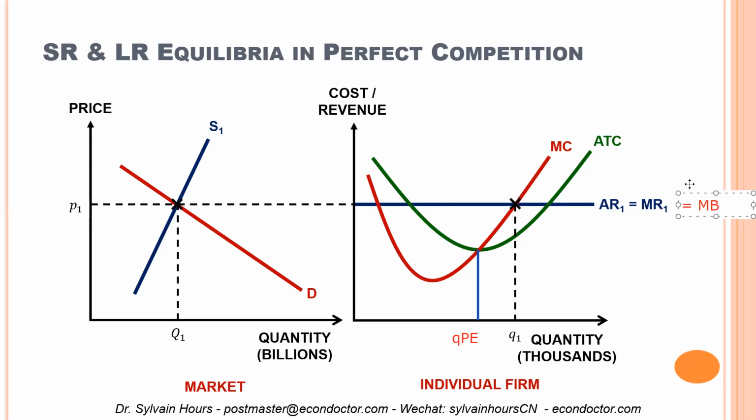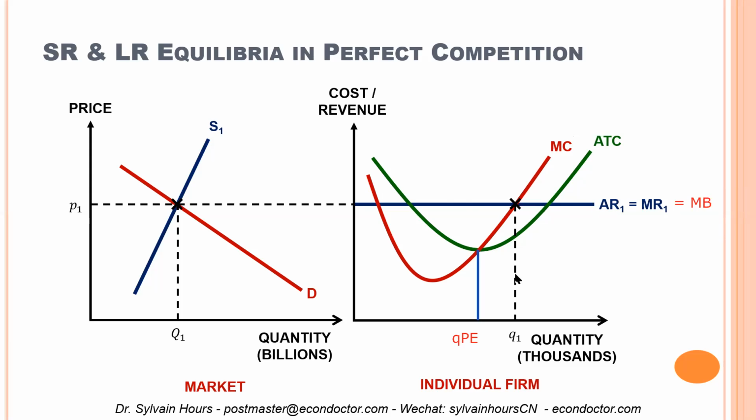So at Q1, which is the quantity that this business produces, do we achieve allocative efficiency? Yes, because we see that at Q1, the marginal cost of production, this red curve, is equal to the marginal benefit of consumption, the blue horizontal line.